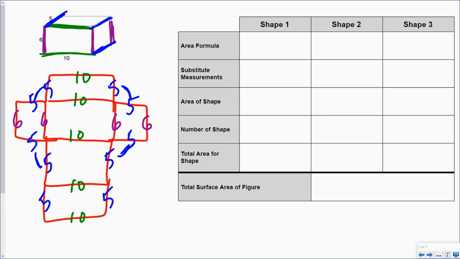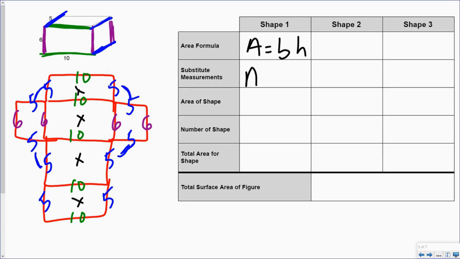So now I just go through and figure out the area of each part. As I do that, I need to know my area formula. My area formula for rectangles and squares is area equals base times height. When I substitute my measurements in, we're going to do these first.